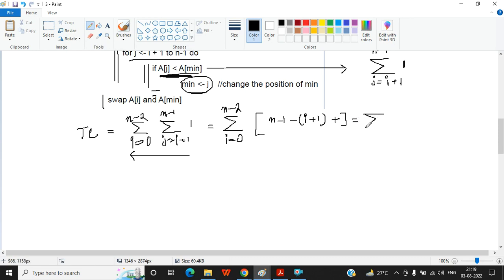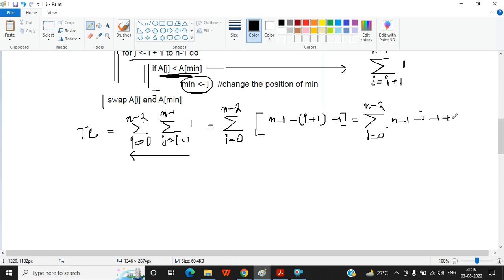So for i equal to 0 to n minus 2, what will be there? n minus 1 minus i, minus 1, and plus 1.